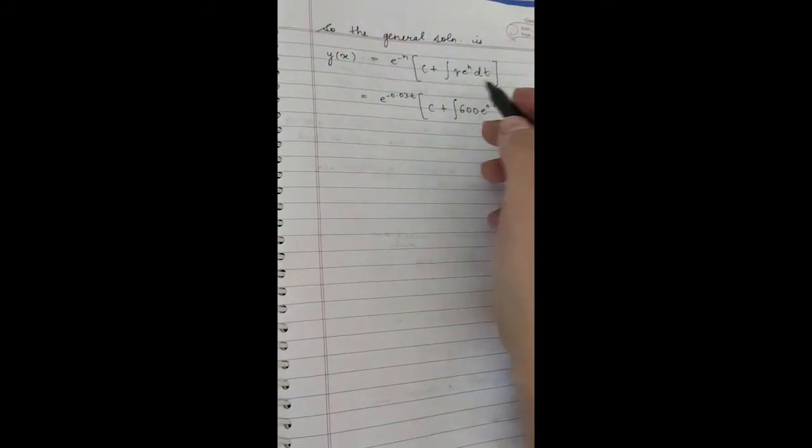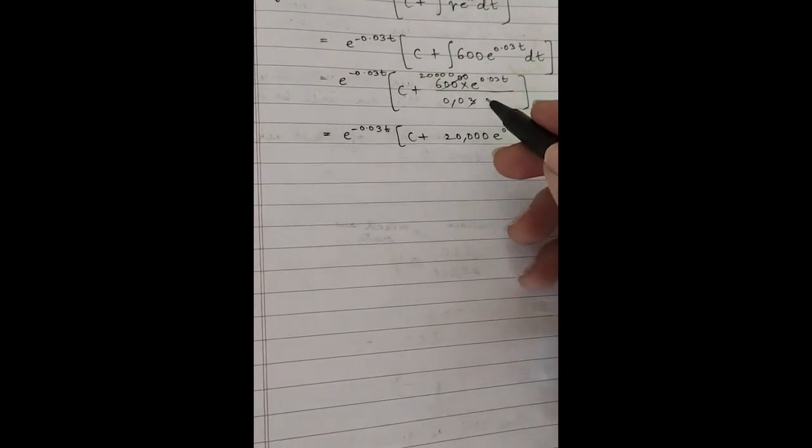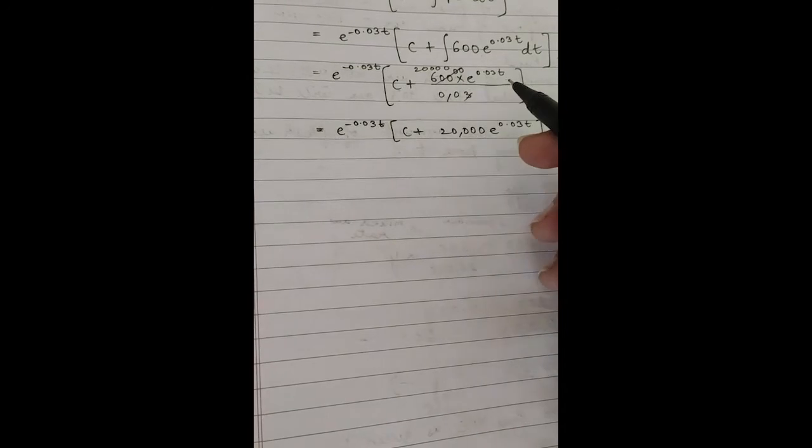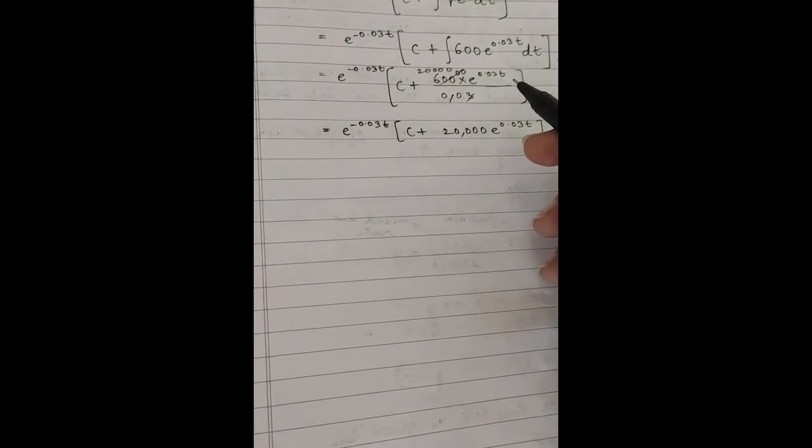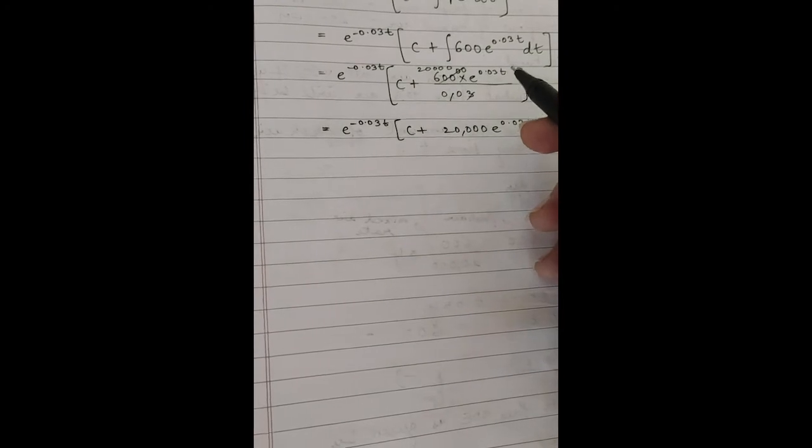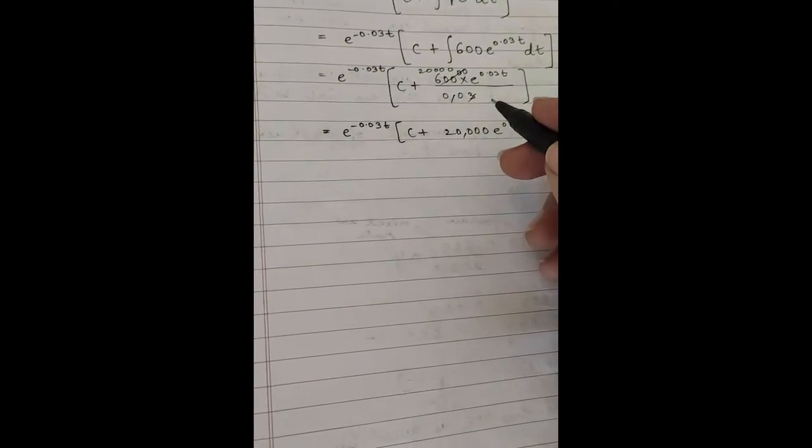So now we'll calculate the general solution. Here we have the general solution: y(t) is equal to e raised to minus h times c plus integral of r e raised to h dt. We found the values of e raised to minus h and r e raised to h in the last part, so we'll put that here, and now we have to solve the integral. So the integral of 600 e raised to 0.03 t: 600 is the constant, so it will come out, e raised to x stays the same, and 0.03 will come in the denominator.